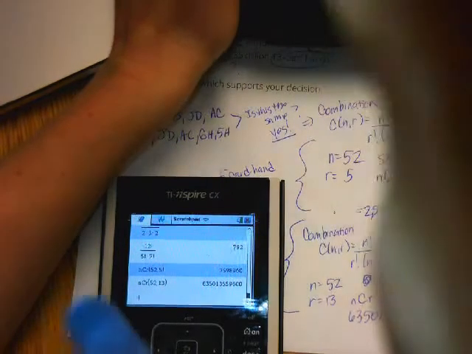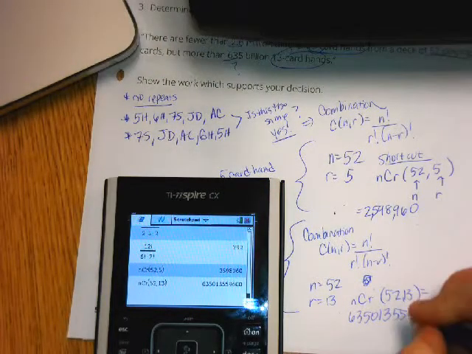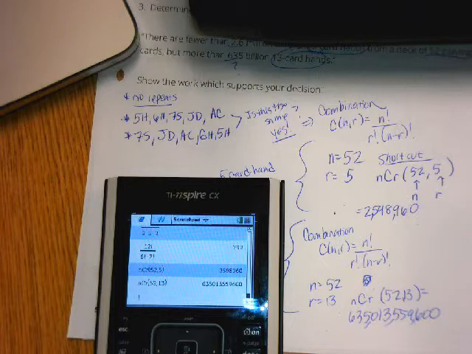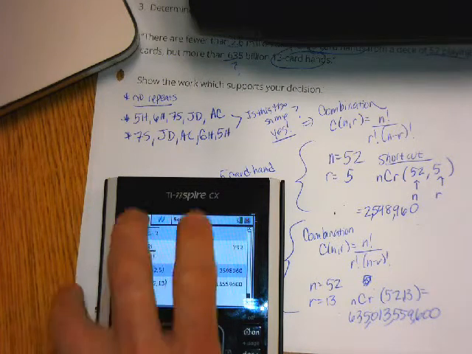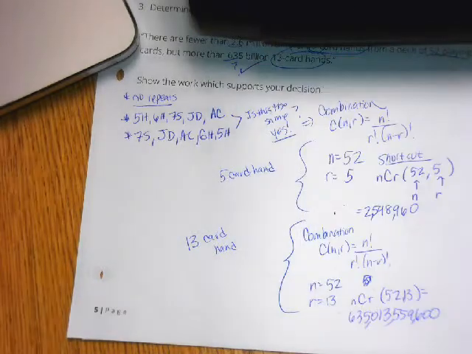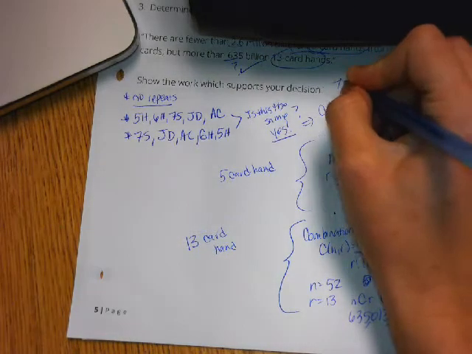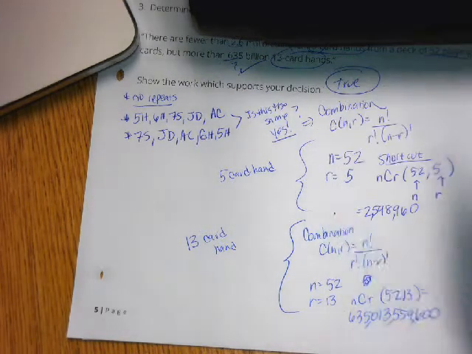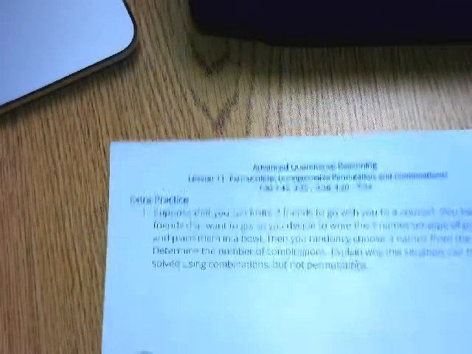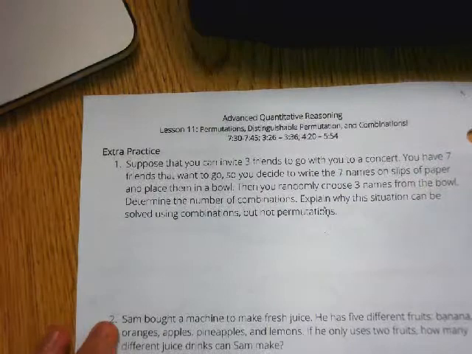Let's see. 63501355960. Okay, and that is 635 billion. And it's more than 635 billion. So let me go back. Yes, so overall, this is true. And there's my supporting work.